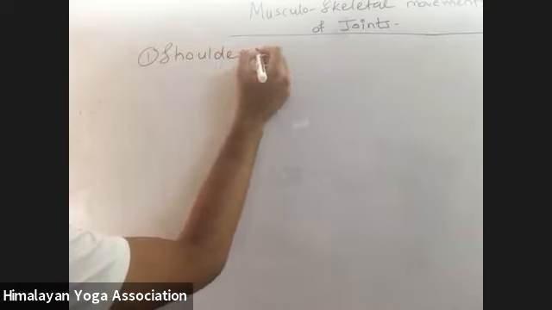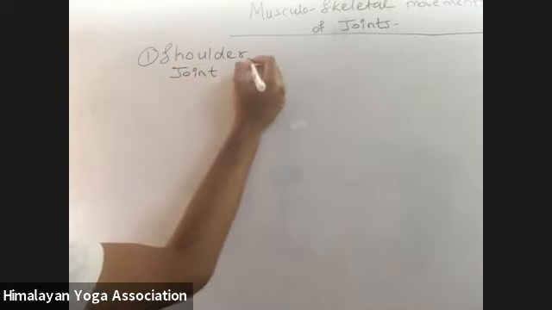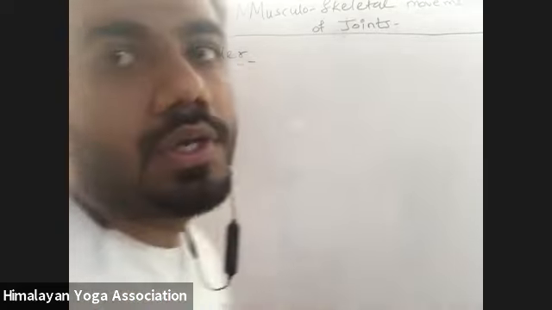The first one, can you see the whiteboard clearly? Yes. Okay. Shoulder joint. I hope it is not too bright.